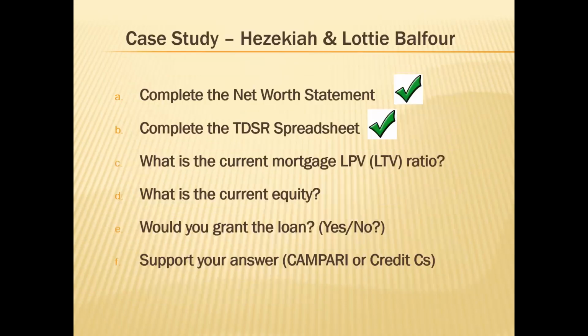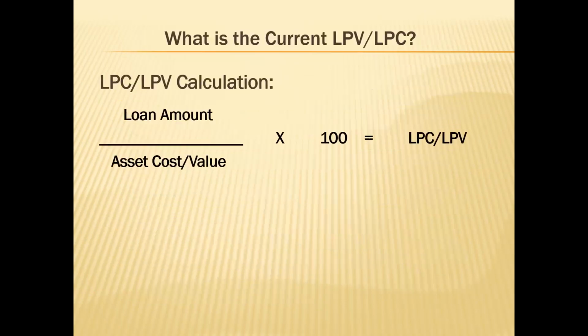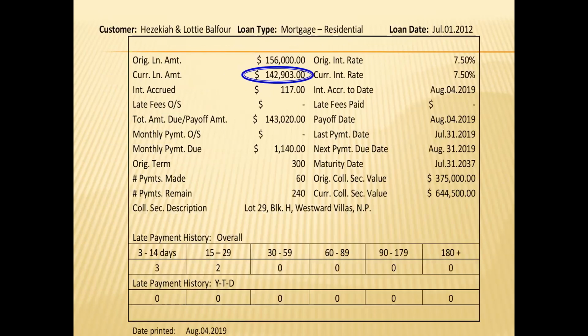All right, so let's look at LPV. There's our equation, LPV. So what is our loan amount, our numerator? And where do we find that? $142,903. Okay, and we get that from the mortgage statement. That's the current loan amount.